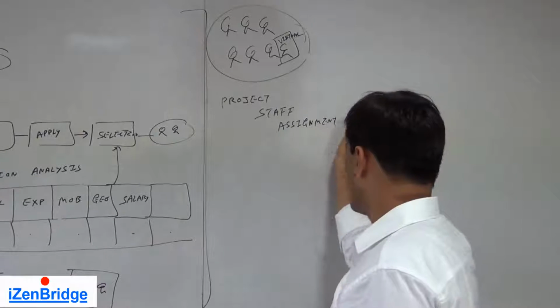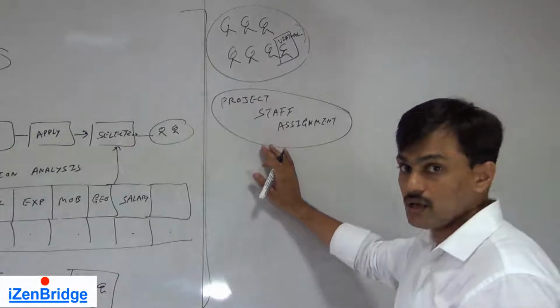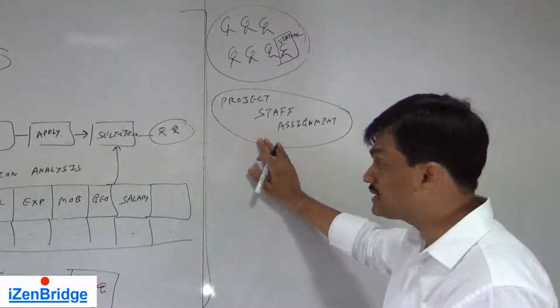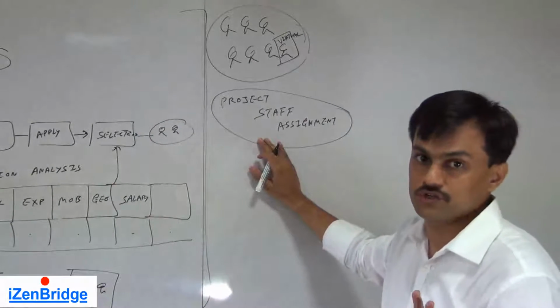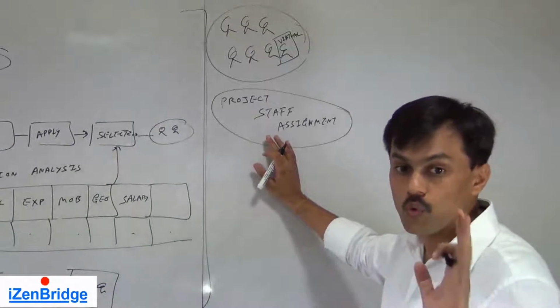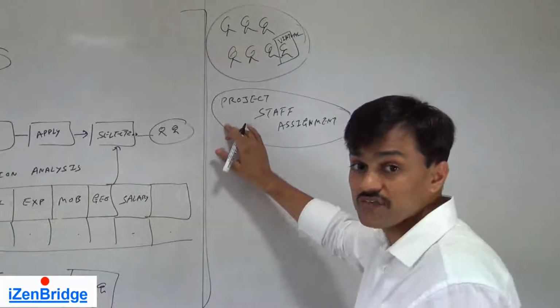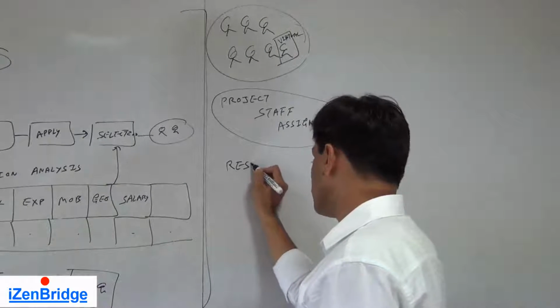Now, you still have to develop them, but they are standing and waiting for your instruction. So you got the people who are available and ready to work. On the basis of this staff assignment, you may update your resource calendar.